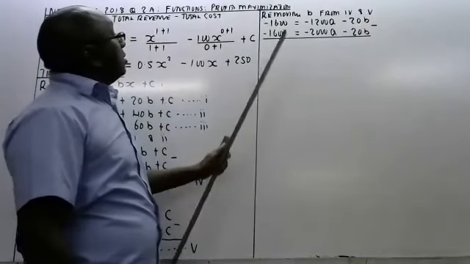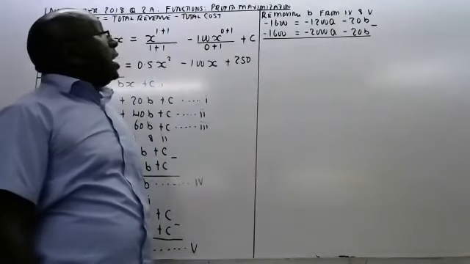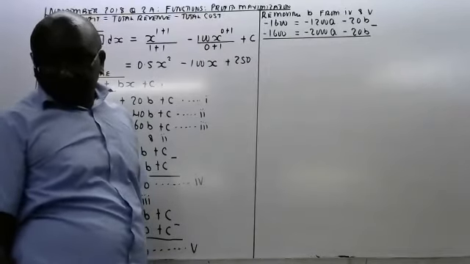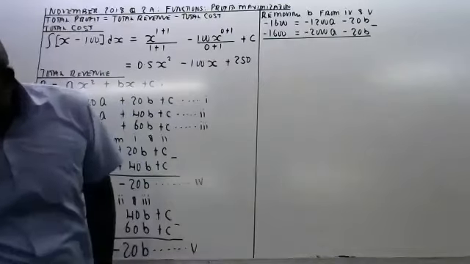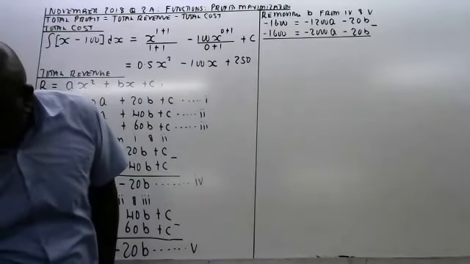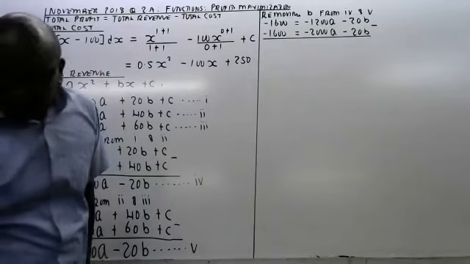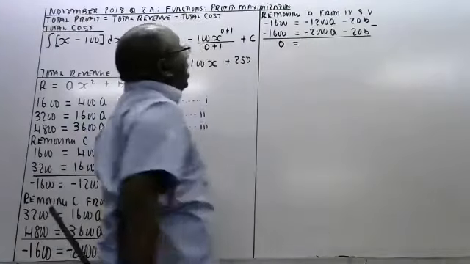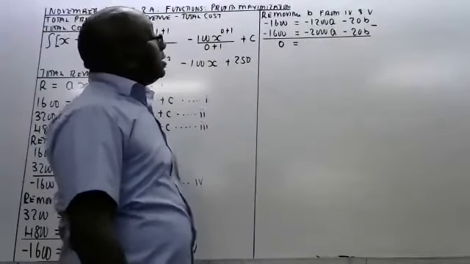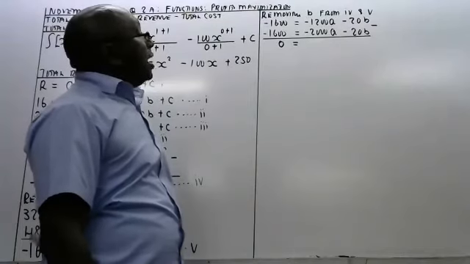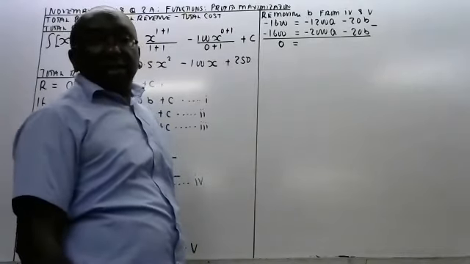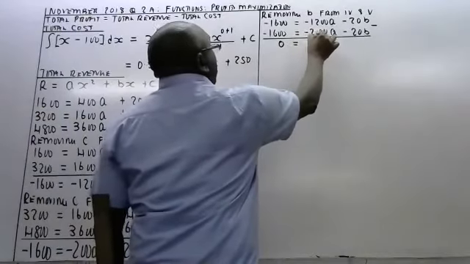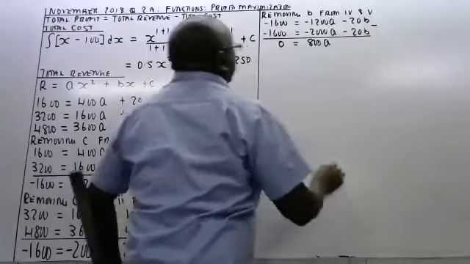So now 1600 minus 1600 is equal to what? Yes, it is equal to 0. And this other one, minus 1200 minus 2000 is equal to what? 800A, and that is 0.